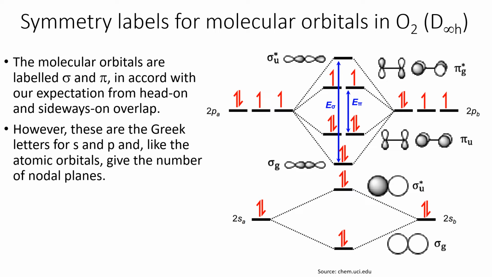And likewise for a pi bond, where you've got the sideways overlap, when you look at the picture here, you can see that each of these has a nodal plane. Just like a p orbital has one nodal plane, a pi bond has one nodal plane. So there's a nice connection between the atomic and molecular symmetries, the same in terms of nodal planes. And this is why you're using the same letters, just in a different alphabet to distinguish between them.